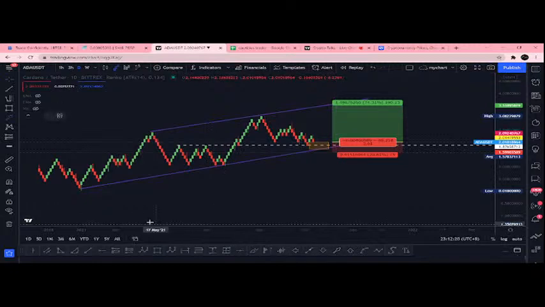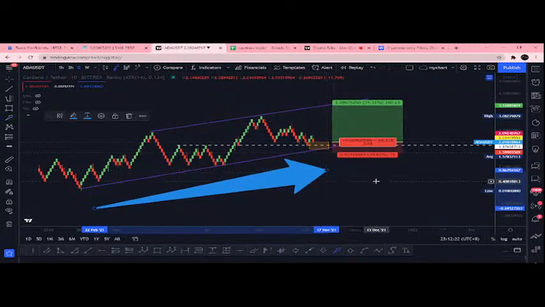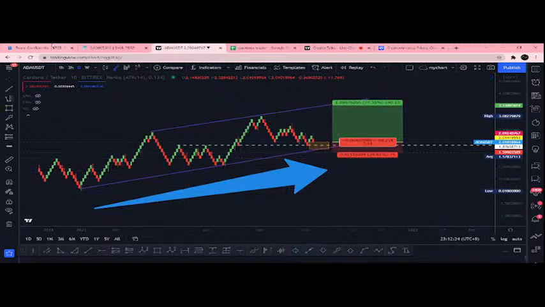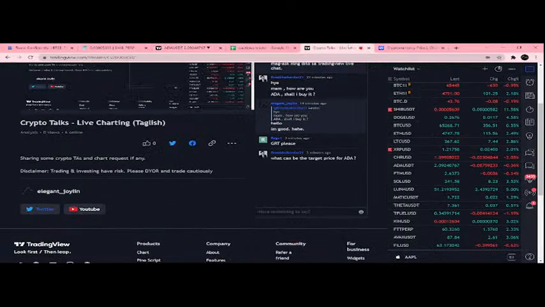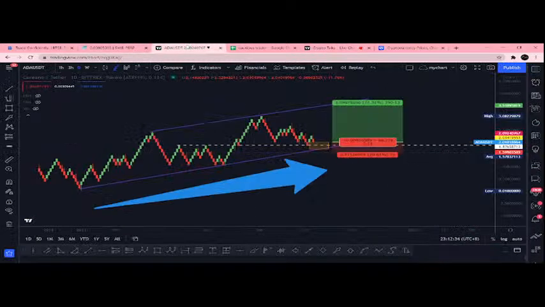So the longer term trend, it's still an uptrend. So what can be the target for ADA? Immediate target for ADA is of course the all-time high, which is the 3.10, and then a breakout to that, more or less the 4 at 3.5.